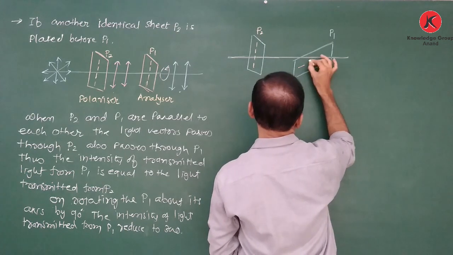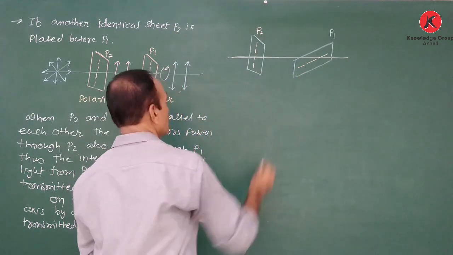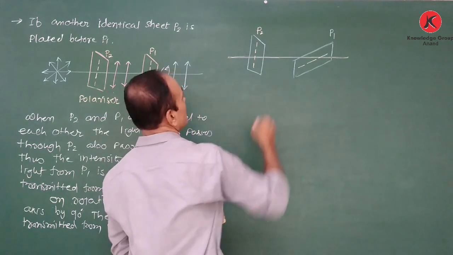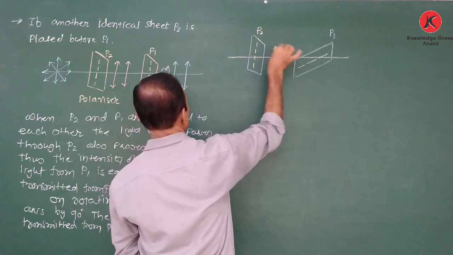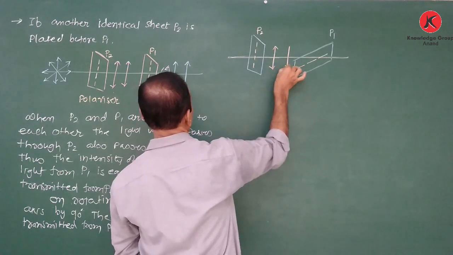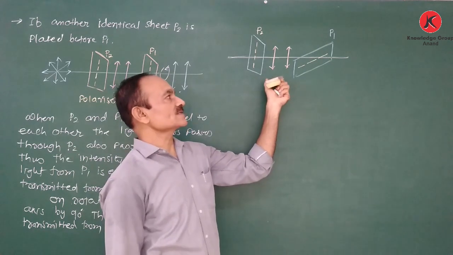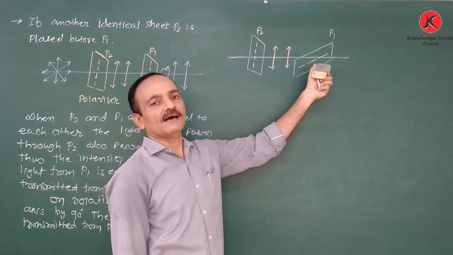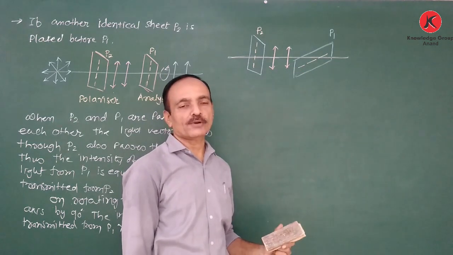That is its axis. So what's happened here? On this side, the light is plane polarized. That is incident on P1. So here, the electric field vector is oscillating perpendicular to the axis of P1. Therefore, no light is obtained.